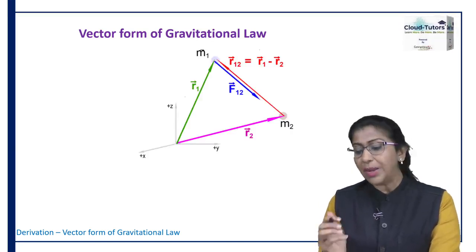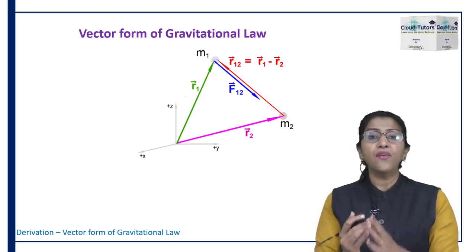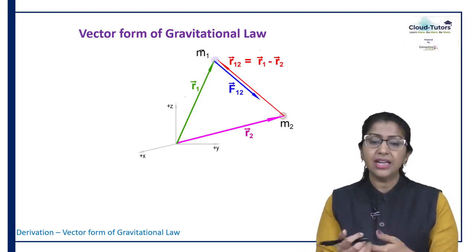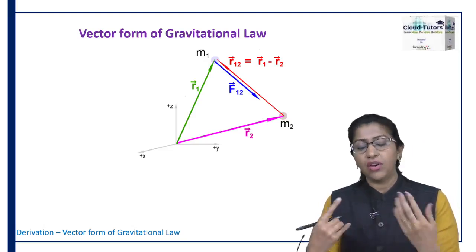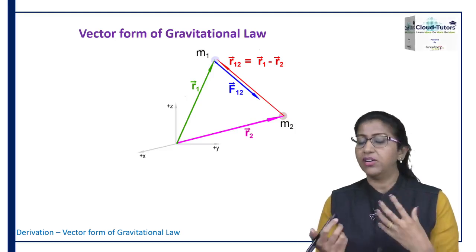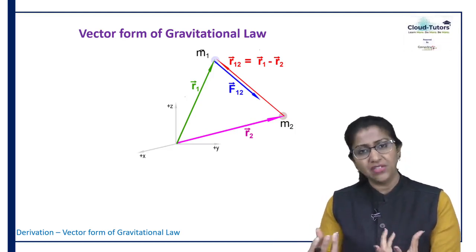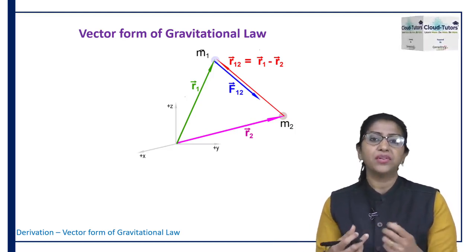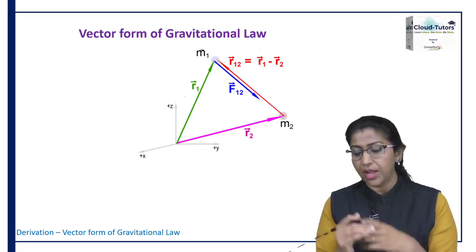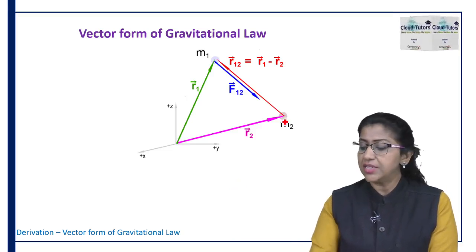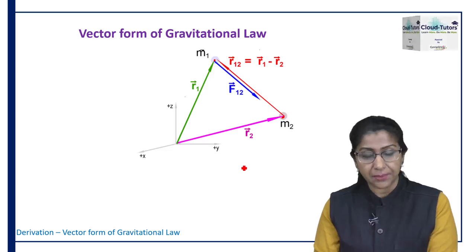Now, coming to the vector form of the gravitational law, we all know that force is a vector quantity, right? It has both direction as well as magnitude. We have all studied vectors already. So this is not even a derivation as such, but it's still very important to understand the vector form of the universal gravitational law. As you can see here, we have considered two masses, m1 and m2, separated by a distance r.